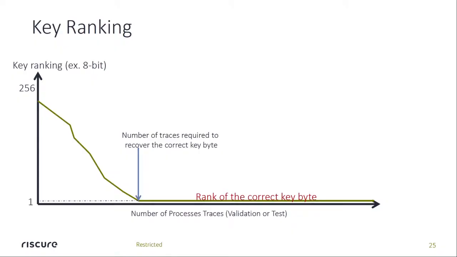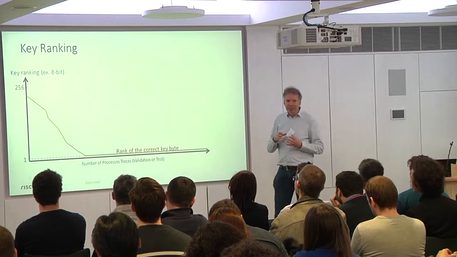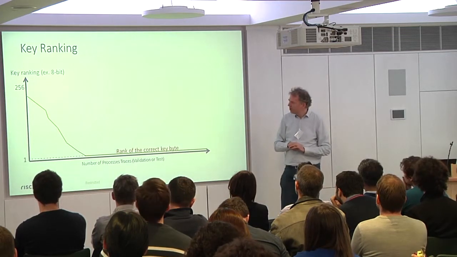And this is basically the way the attack works. After applying the trained network to a smaller set of test traces, we will be assuming for every key byte first an entropy of 256 possibilities.